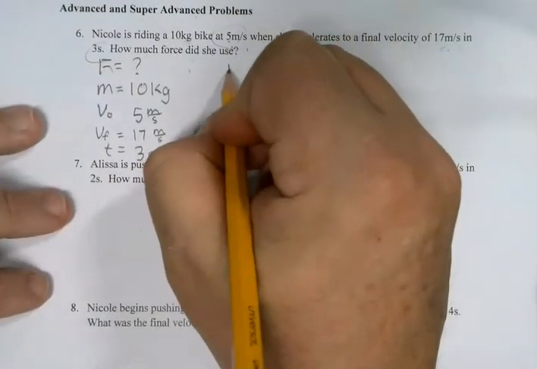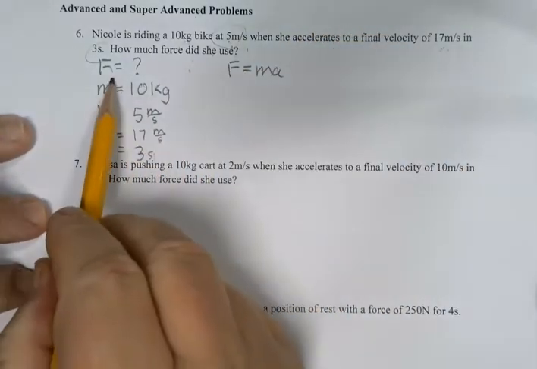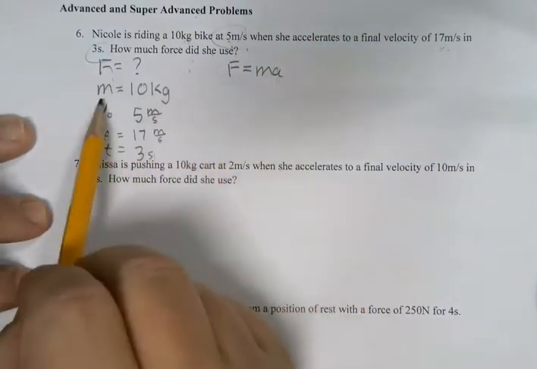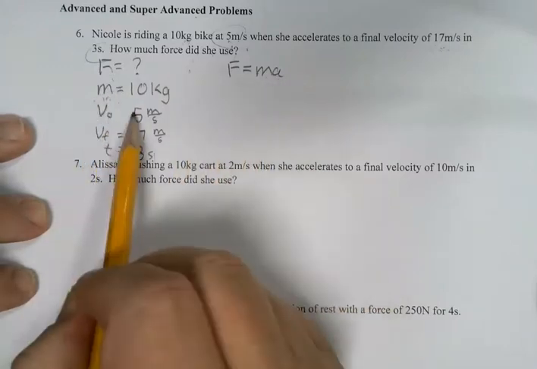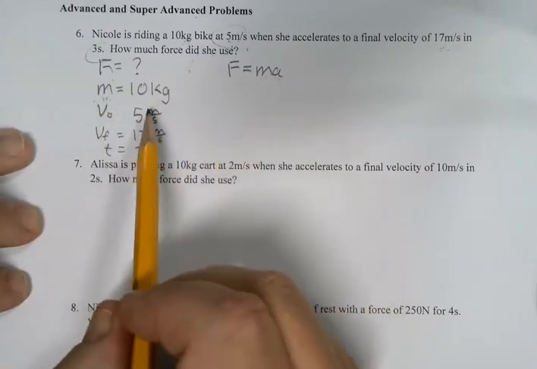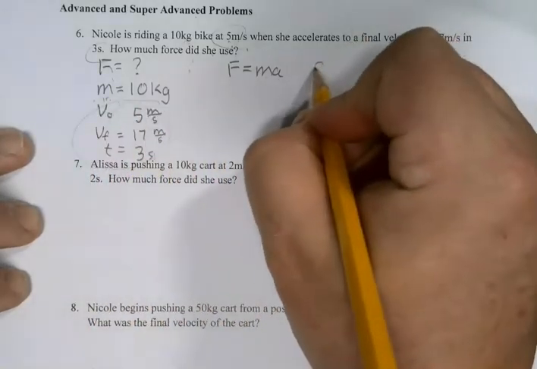All right, so now we need to find force. We have a formula for that, F equals MA. Okay, so we look, we need M and A. Do we have M? Yes, we have M right there. Do we have A? No. But do we have enough information to figure it out? And the answer is yes, right there. I think you can all see that's going to be this formula.